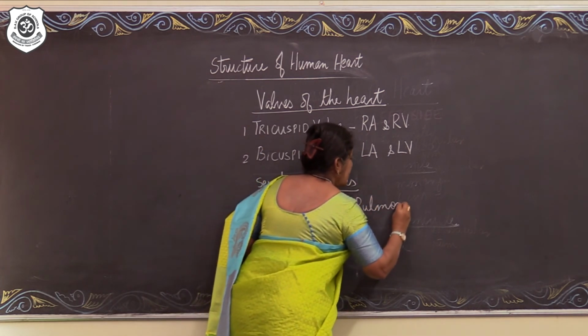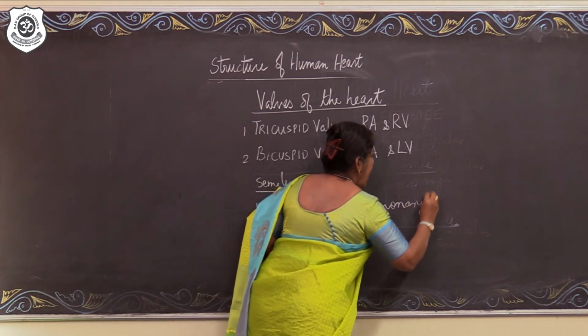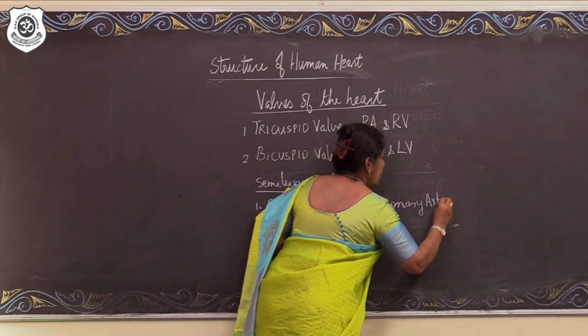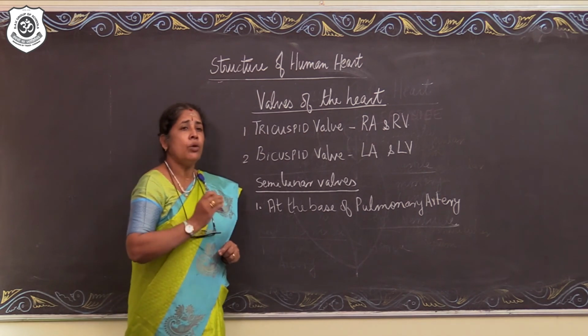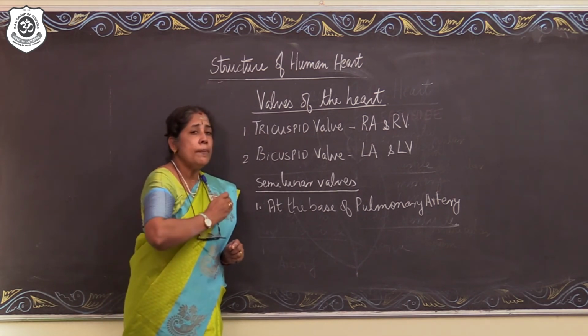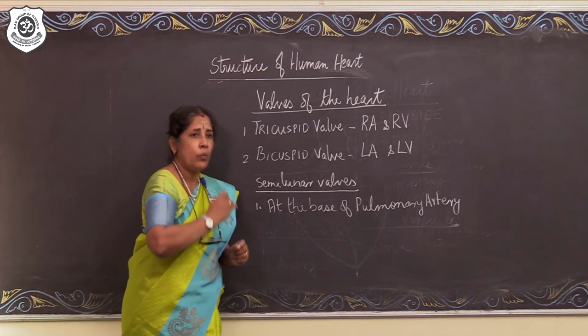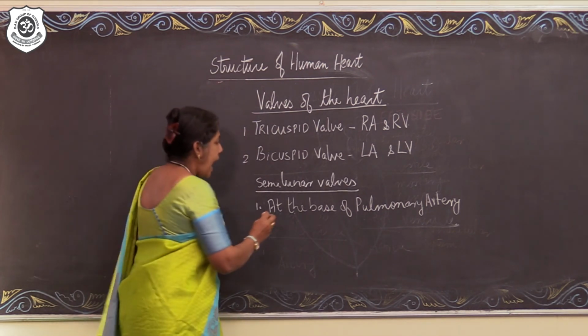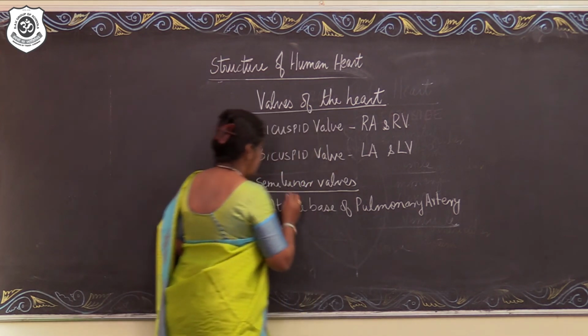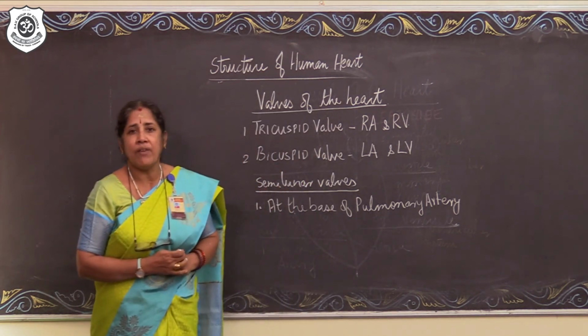Now we know that the pulmonary artery arises from the right ventricle. So, in order to allow for the movement of the blood from the ventricle into the blood vessel and not backwards, at the base of the pulmonary artery, you have the semilunar valve.